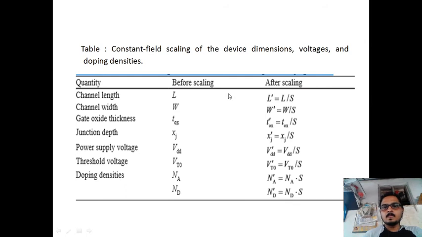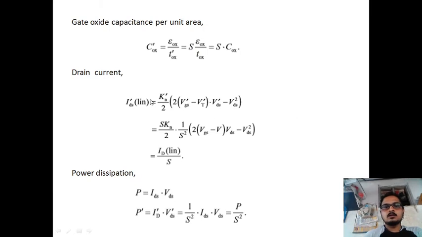See here, the L is scaled, we get L by S. The W is scaled, we get W by S. Then W by L means W by S by L by S. Then the S's cancel, we get W by L only. So the factor K is not scaled, and that's why we multiply it with the scaling factor S into Kn by 2.